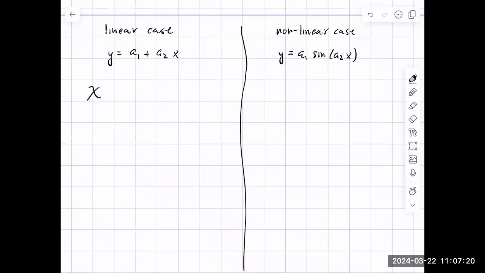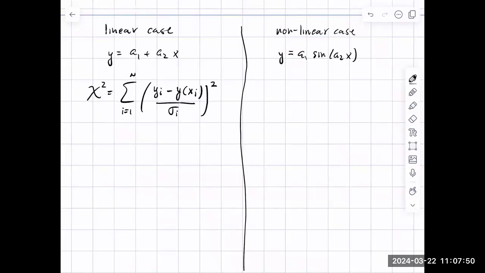Chi-squared was equal to the sum from i equals 1 to n of our y measurements minus y calculated at the x value, divided by sigma, the uncertainty in y_i, and then we square it and sum them up. Our objective was to try to minimize this chi-squared function.